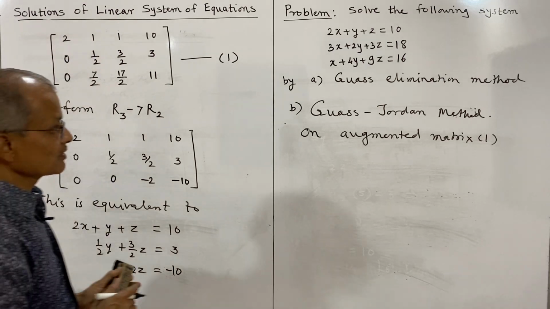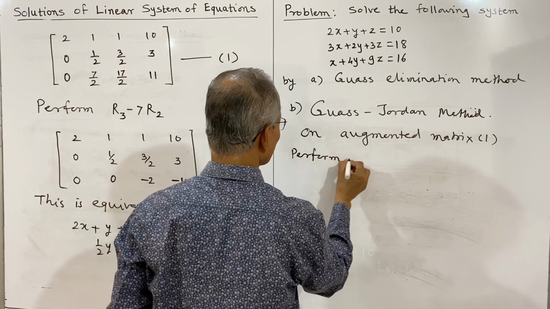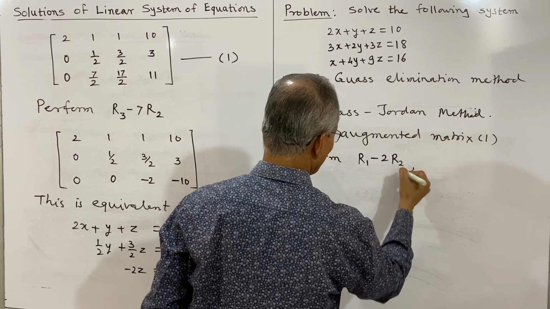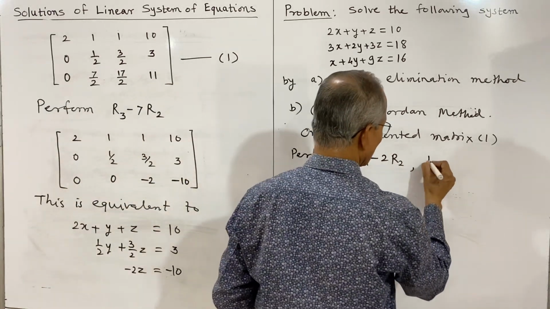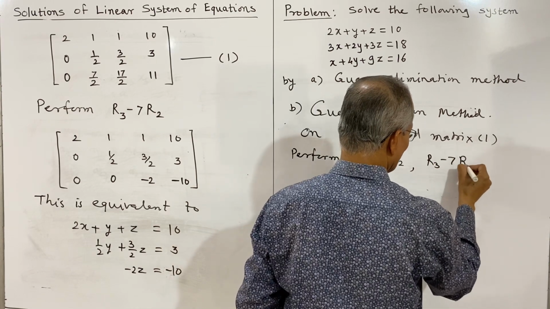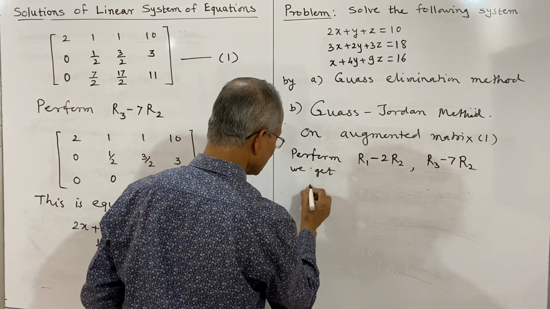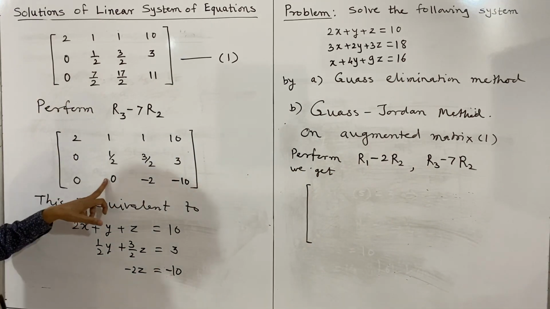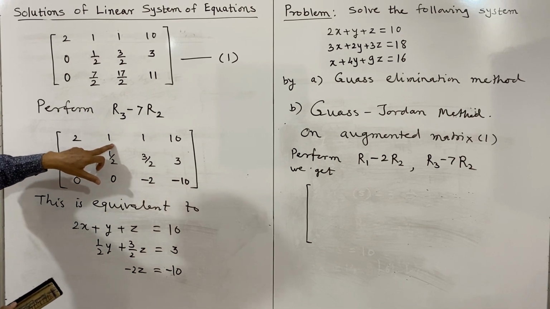So that means perform this operation, that is R1 minus 2 times R2, and the same, R3 minus 7 times R2. So we get, now there is only a slight modification. Instead of making only this element 0, we have to convert this element also to 0.